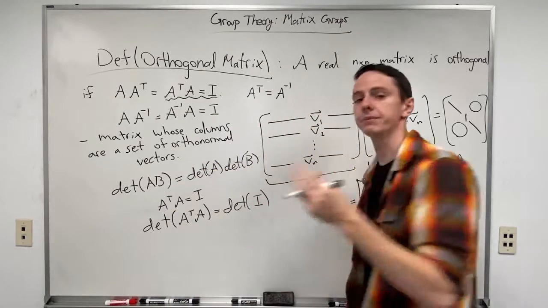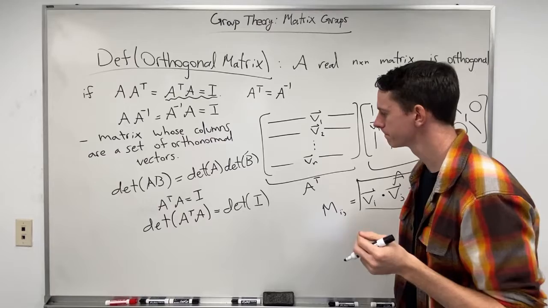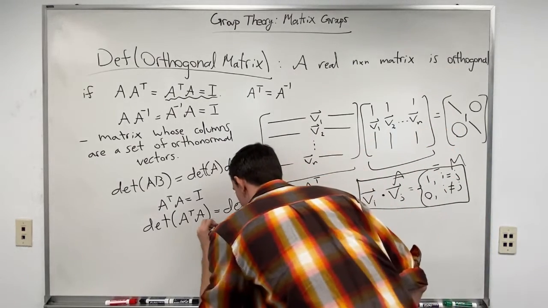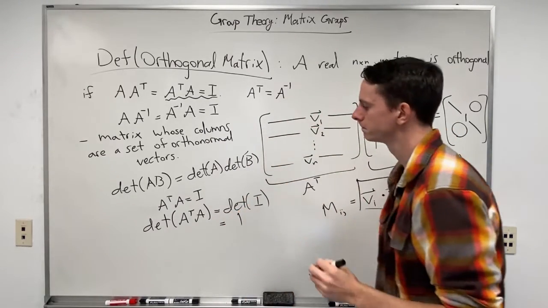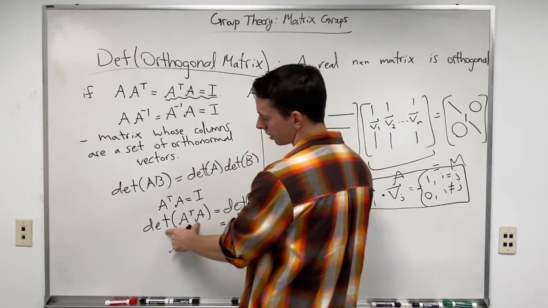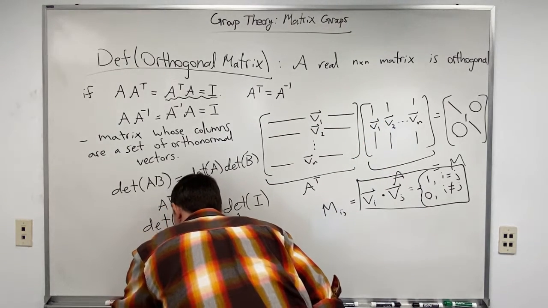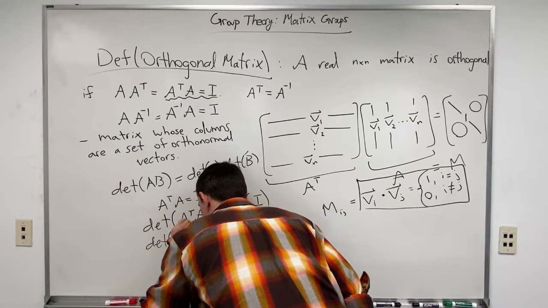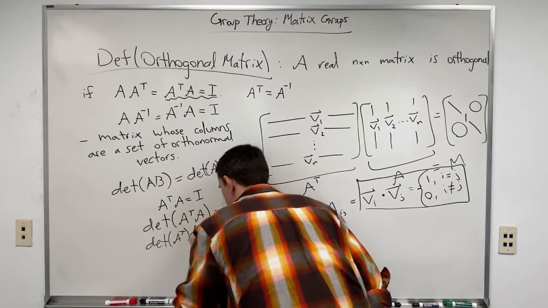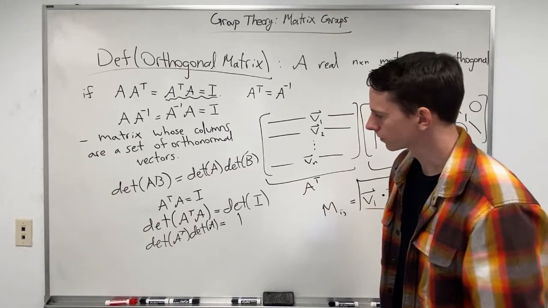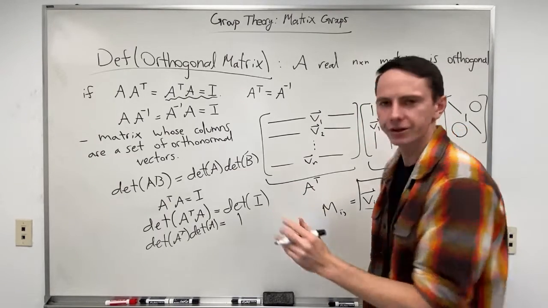After all, these are just the same matrices, right? We know that the determinant of the identity is just the number 1. And from properties of determinants, we can break this into the product of the determinant of A transpose times the determinant of A. Right?